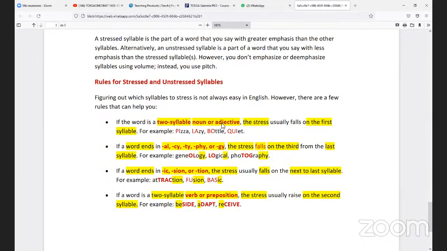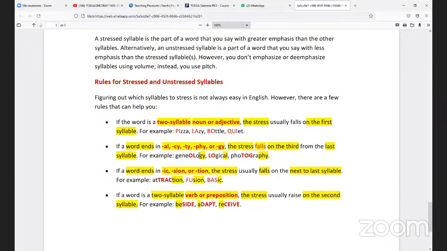For example, genealogy, okay? This is a noun, a word with more syllables. We're not going to rise at the end. Genealogy, no, always in the middle.